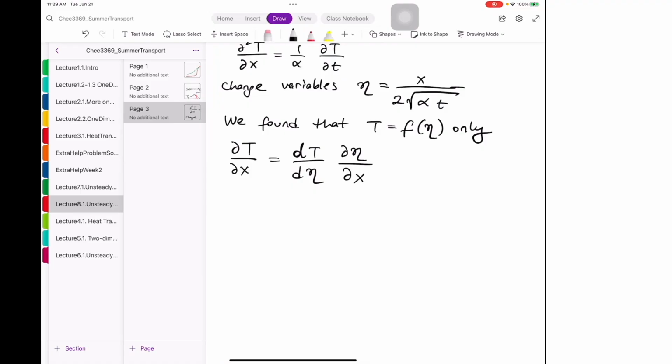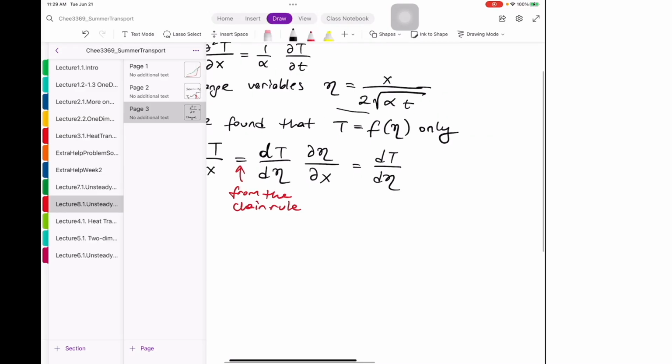That's how you write the derivative of T with respect to x from the chain rule. Okay, this is called the chain rule. And from here we get dT over d eta and del eta over del x from this definition here, you have 1 over 2 square root of alpha t.